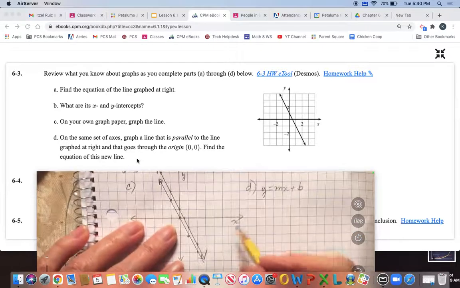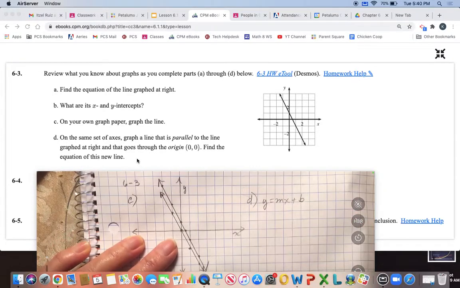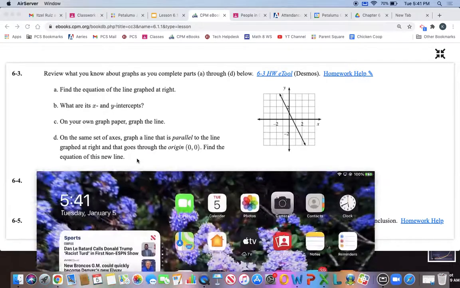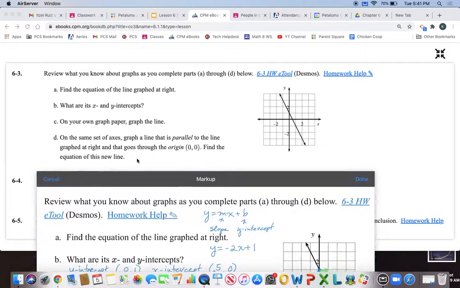So my original equation was y equals -2x plus 1.